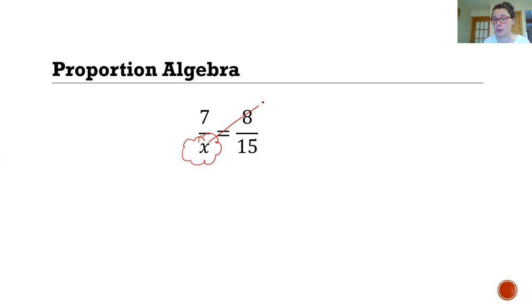We know that if we multiply these two together, so I'm going to write that as 8x, and we multiply these two together, 7 times 15, they have to be equal. So 8x is equal to 7 times 15. We call that cross multiplication, because we multiply across on the diagonal and it makes an x.